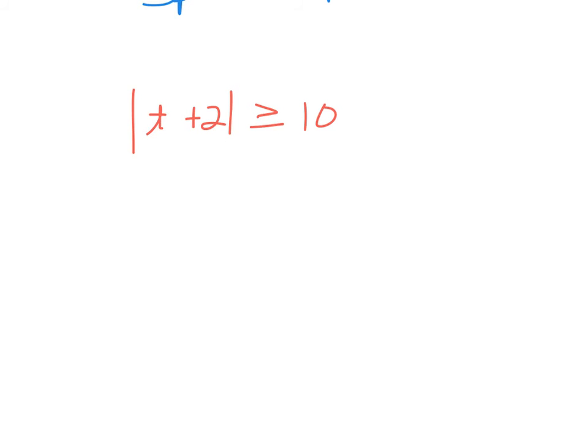So what does that mean? t plus 2 is less than or equal to -10, or. Or is a very important word. You cannot leave it out. You want to put it in there. t plus 2 is greater than or equal to +10. And we'll solve those separately.